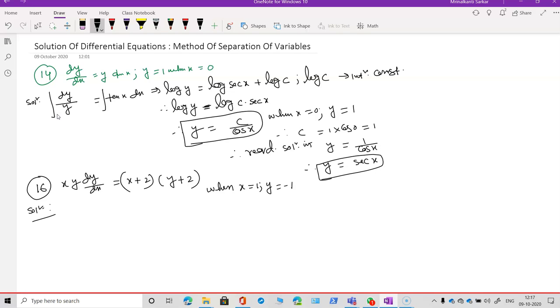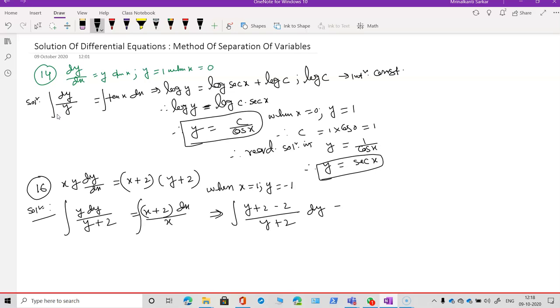So the solution you can do in this manner: dy by y plus 2 equal to x plus 2 dx by x. So this implies dy by y plus 2 minus 2 by... equal to 1 plus 2 by x dx.